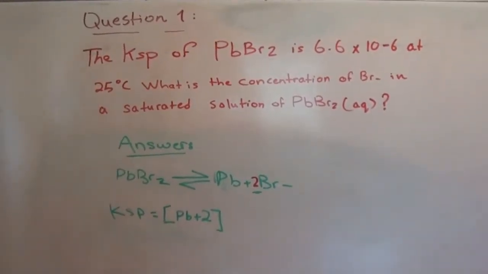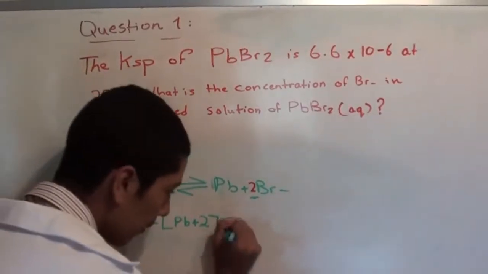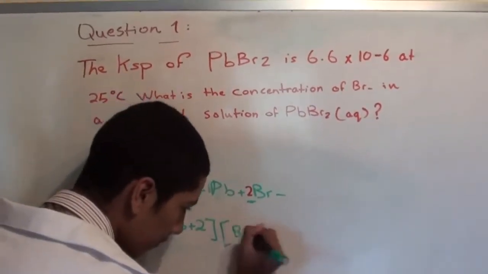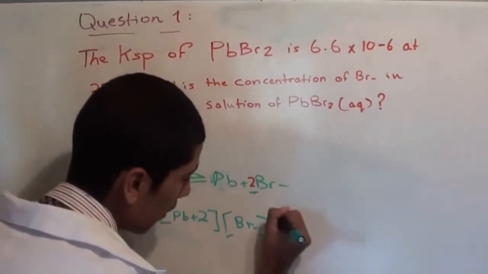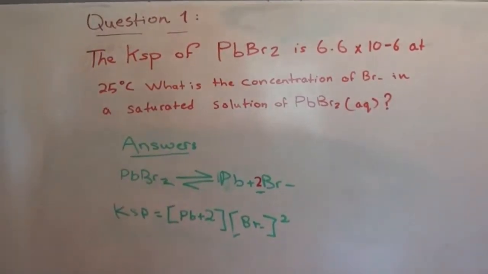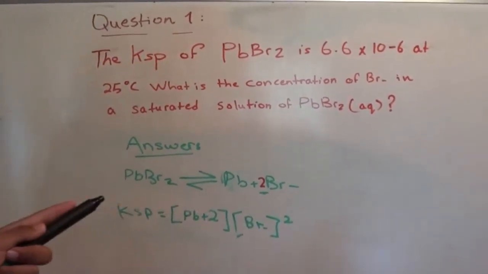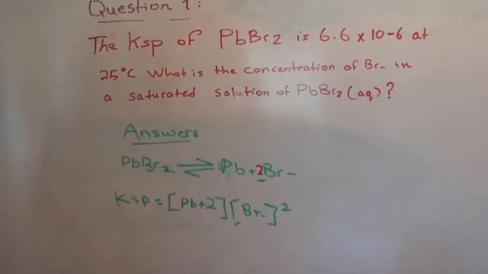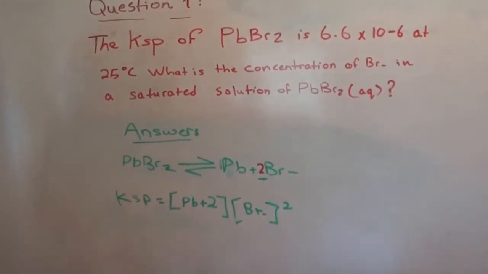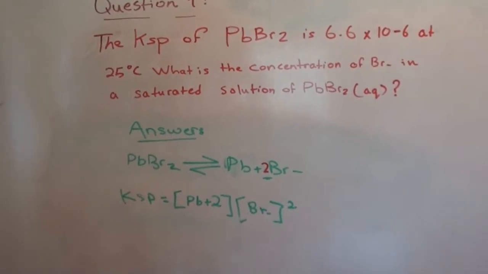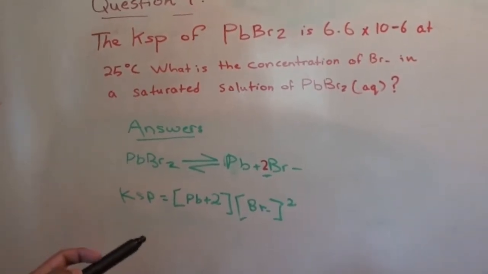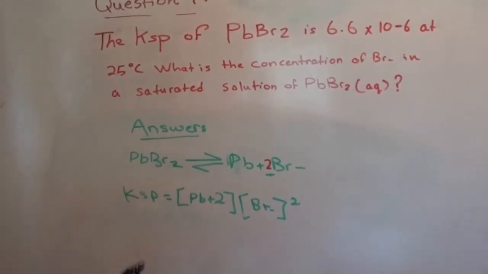No, we are not done. We're going to put another bracket, Br minus, squared. As you can see, we got the equation right here. Since there's a 1:2 ratio between Pb and Br, if the concentration of Pb2+ ions is x, then the concentration of Br minus ions is 2x.